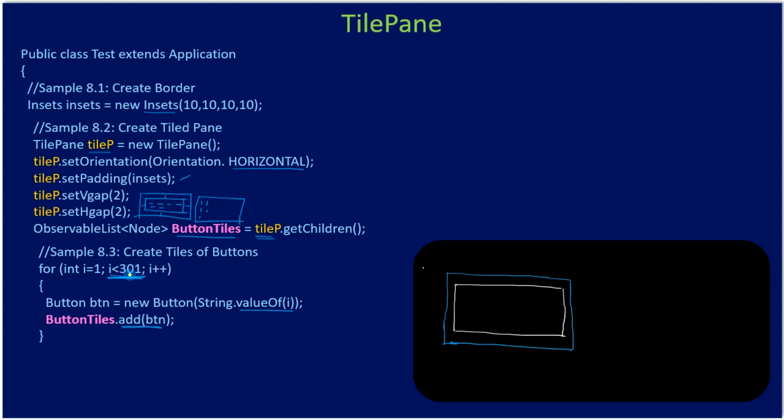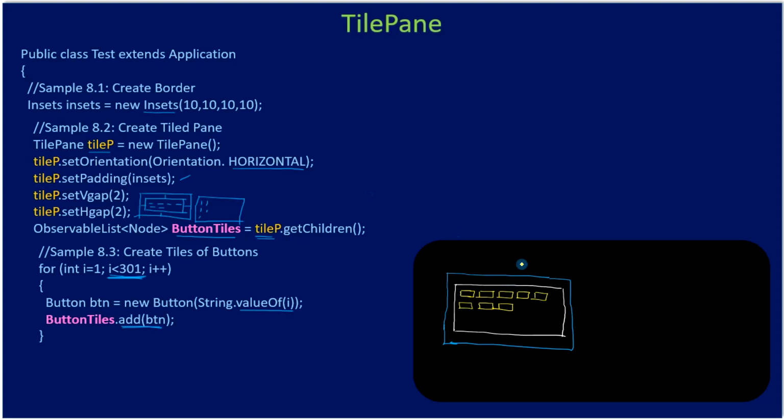After this, we are forming 300 button controls. Controls will go like this, and if there is no space, then it will flow to the next row. So we set insets of 10.